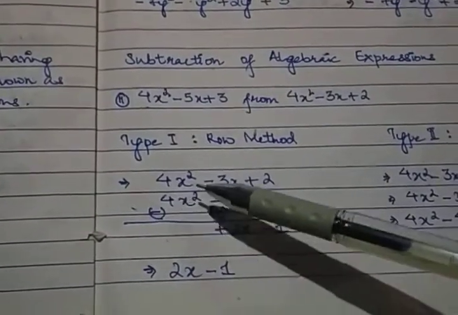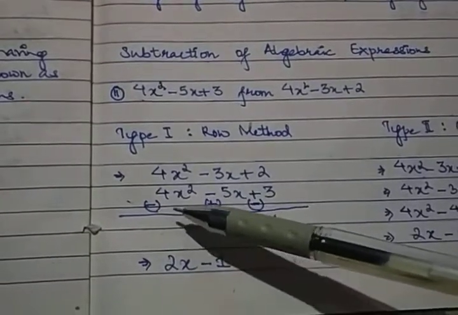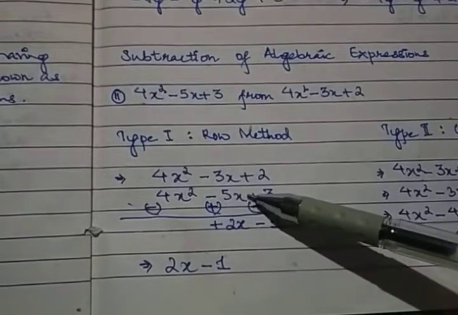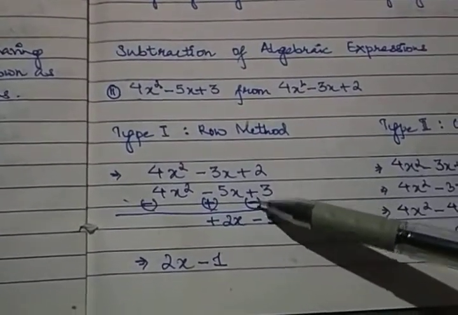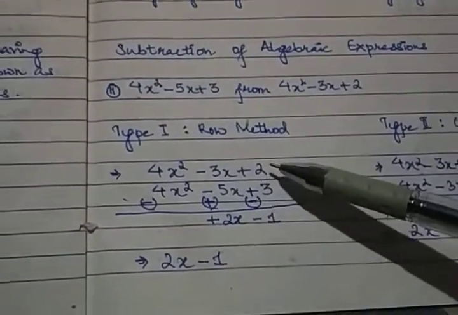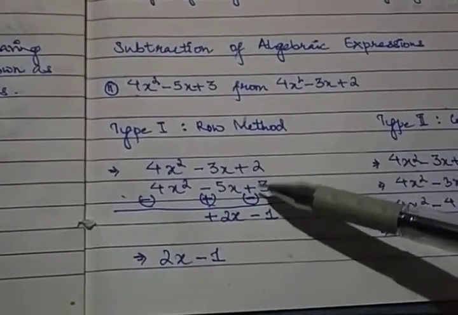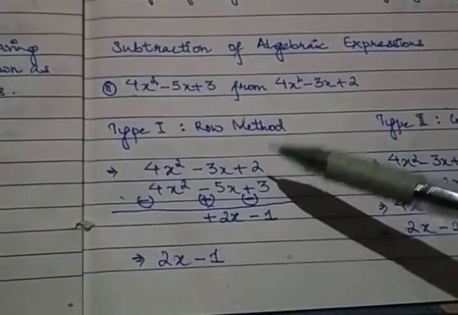As soon as you change the sign, the new sign takes over and you have to follow the new sign. So it is minus 4x square now. This minus 5x becomes plus 5x. This plus 3 becomes minus 3 now. Again, as soon as it changes sign, the simple rule follows: the sign of the greater number follows, and opposite signs will be subtracted.